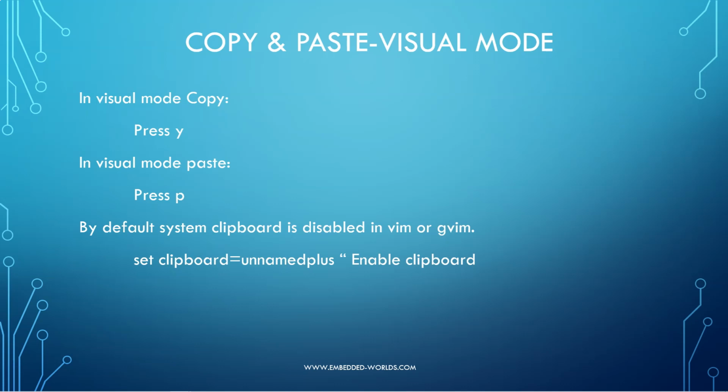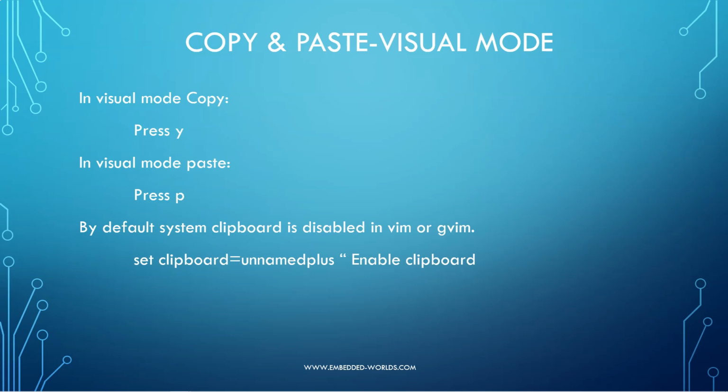Once the content is copied, you can paste it similar to normal mode, where we were pressing the key P to paste it at the desired location. And the same concept we used in normal mode applies here: to enable the clipboard, we need to set clipboard equal to unnamedplus.